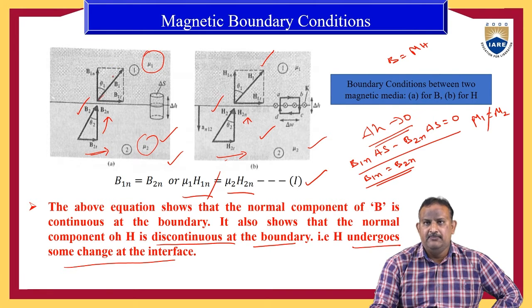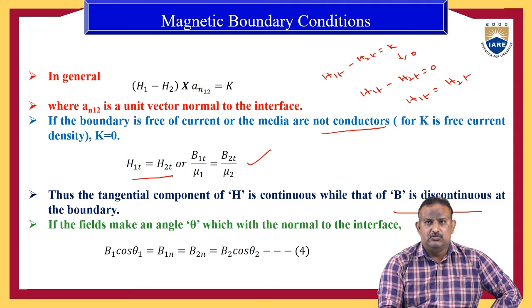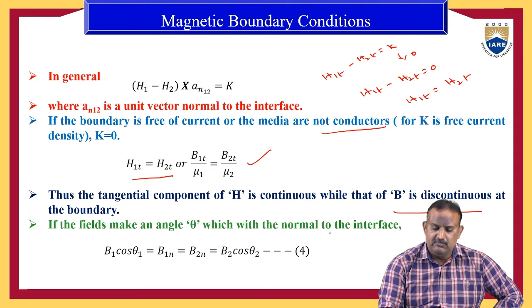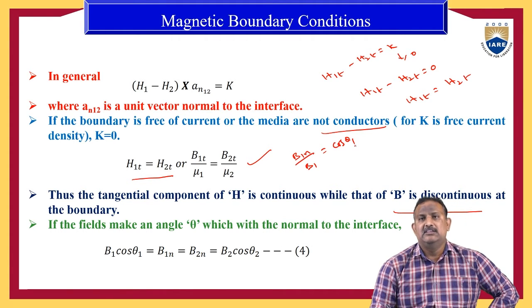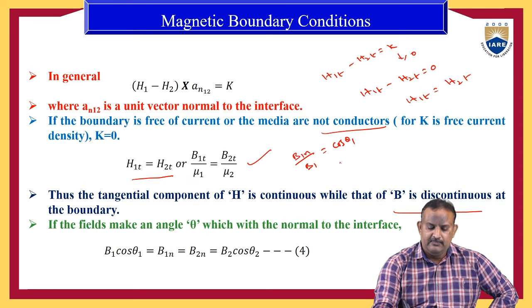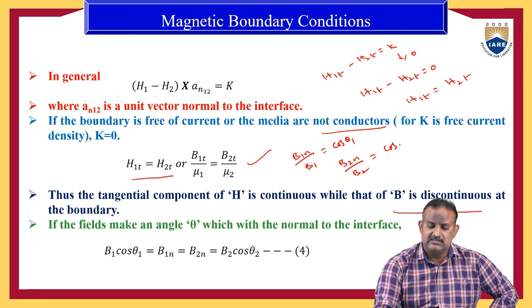So B1n by B1 is equal to cos theta 1, because it is the adjacent side. And similarly B2n by B2 is equal to cos theta 2.